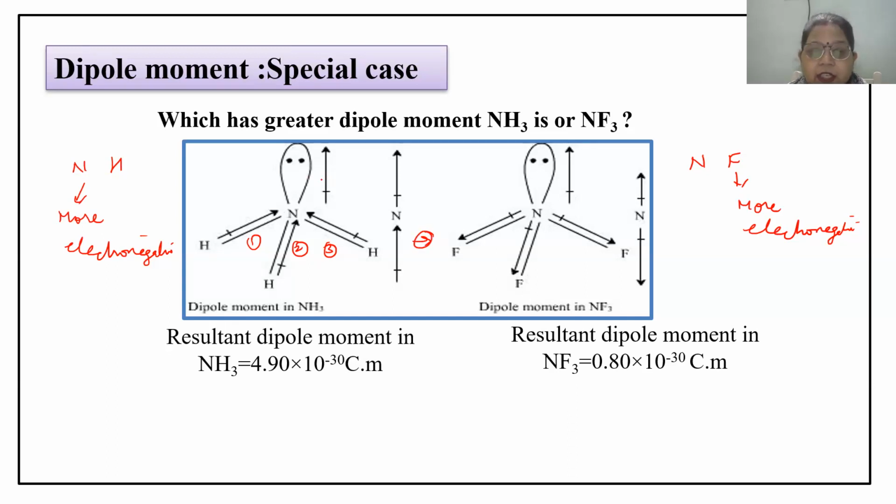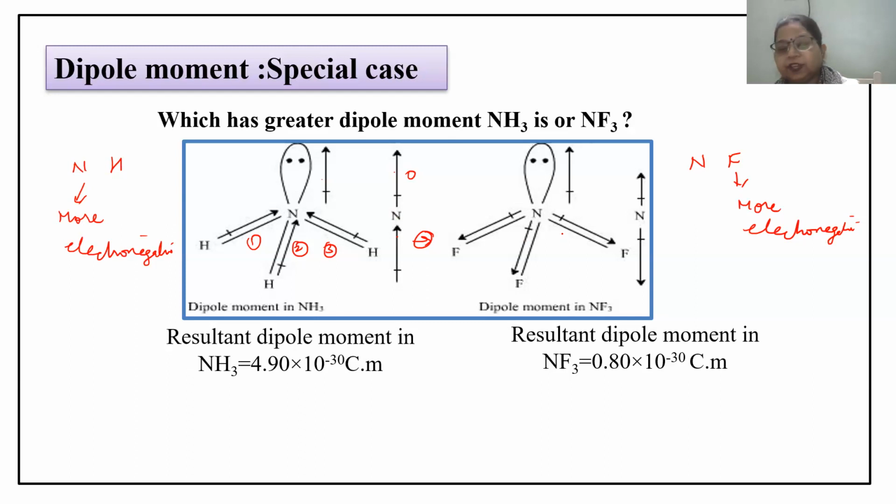Similarly, the lone pair will always have a resultant in this direction. That means both of these dipoles are going to add to each other, giving a larger dipole moment.